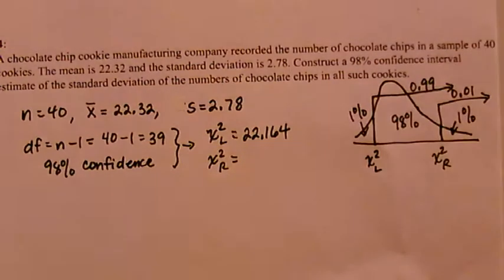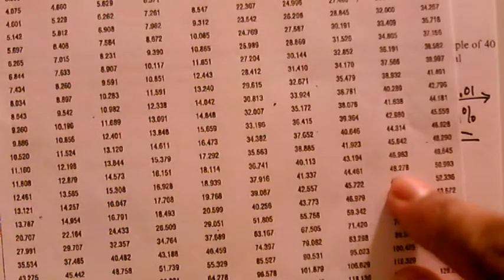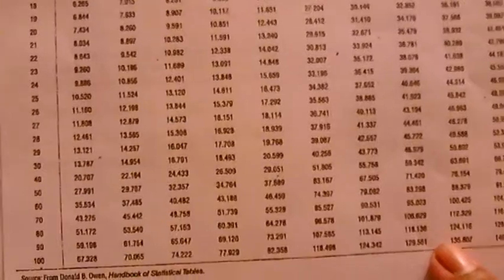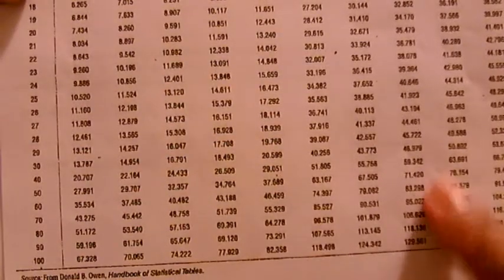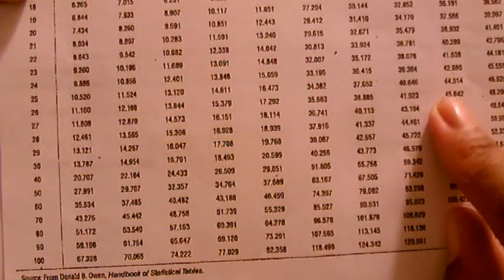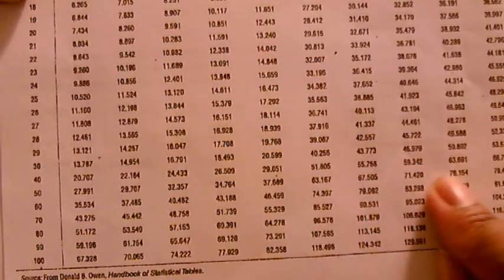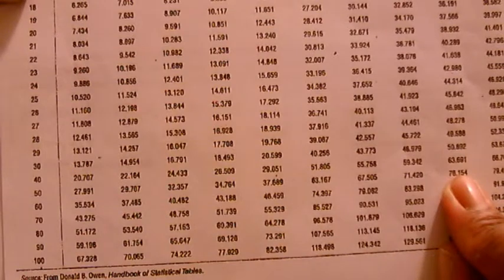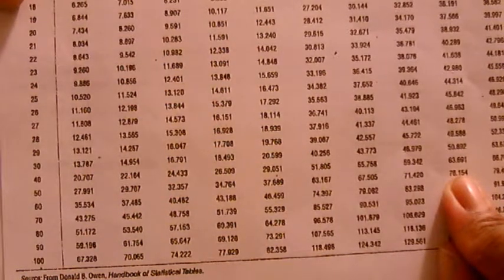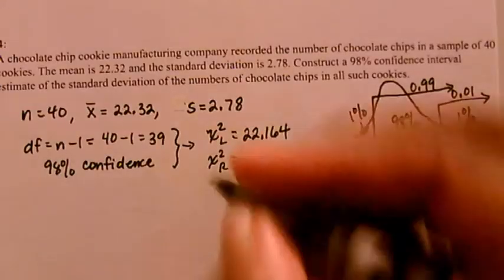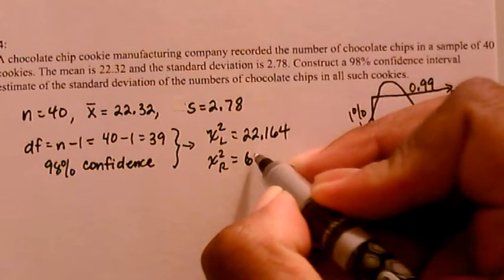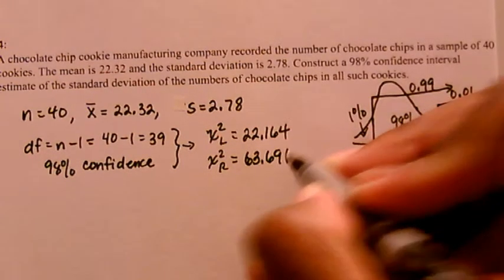Now for the chi-square value on the right, 0.01 is this column right here. And with 40 degrees of freedom, we're going to be using 63.691. So your chi-square value on the right is 63.691.